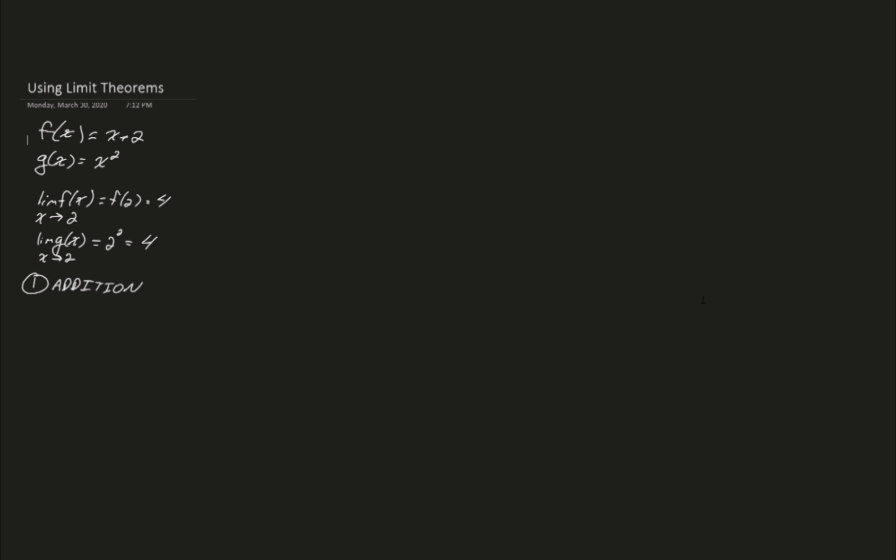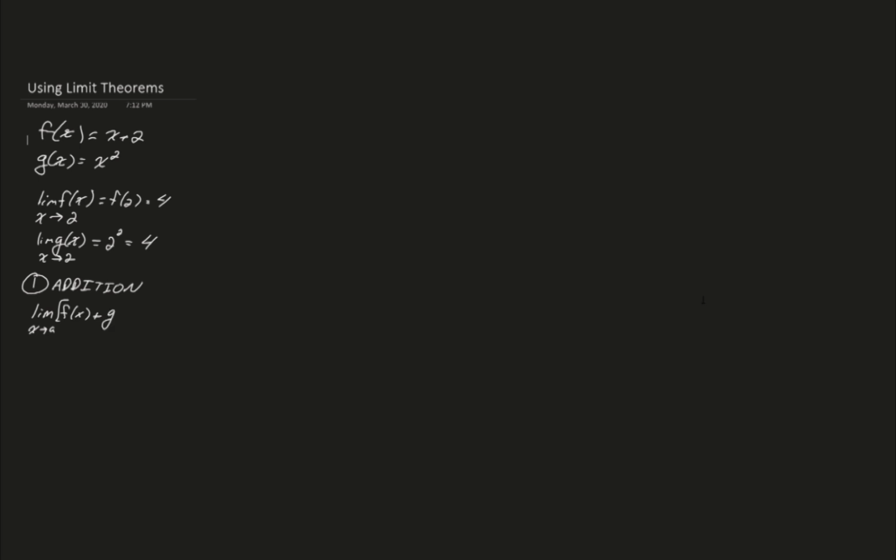The theorem for addition is that the limit as x approaches a, just a general value, could be infinity, negative infinity, an integer, a floating point number, it doesn't matter, of f of x plus g of x.